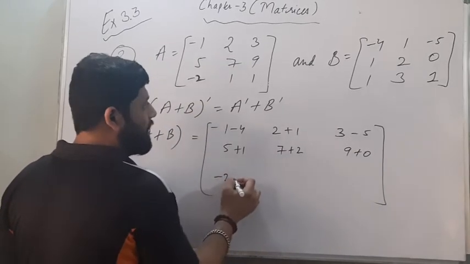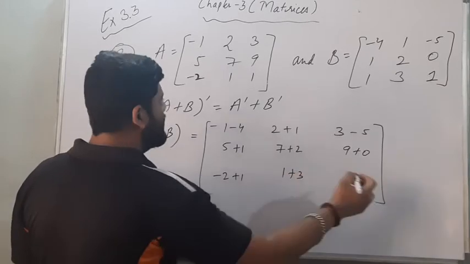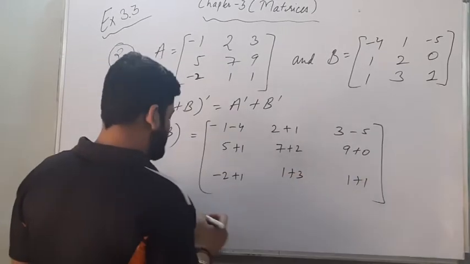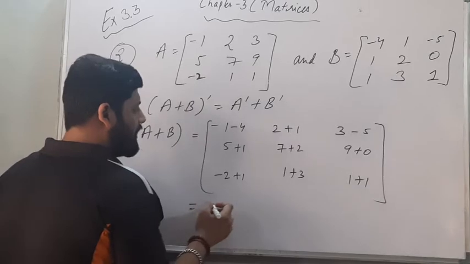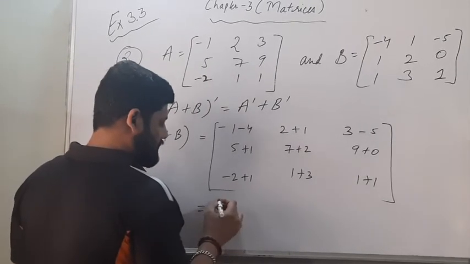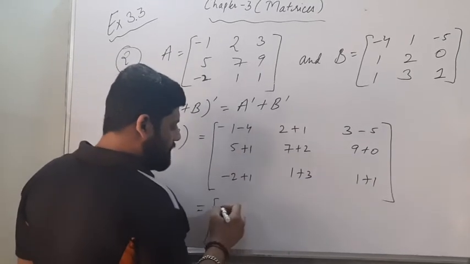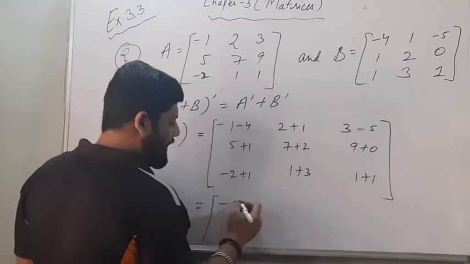And this element will be -2 plus 1, 1 plus 3, and this one becomes 1 plus 1. So here what will we get? -1 minus 4 will be -5.